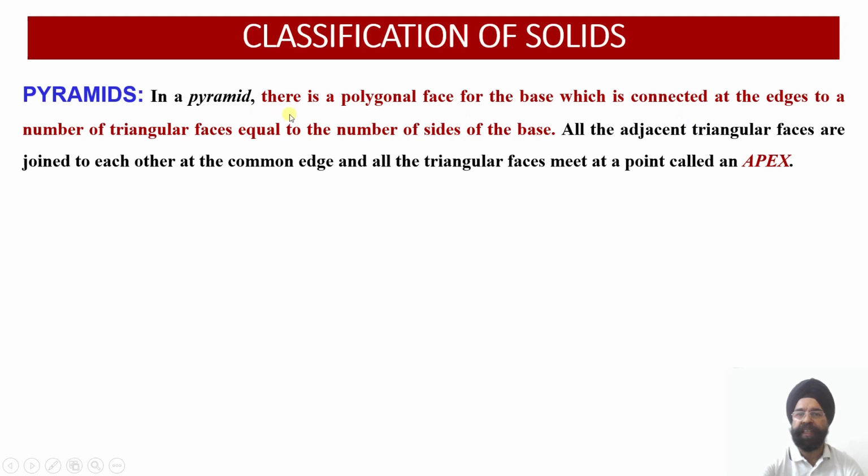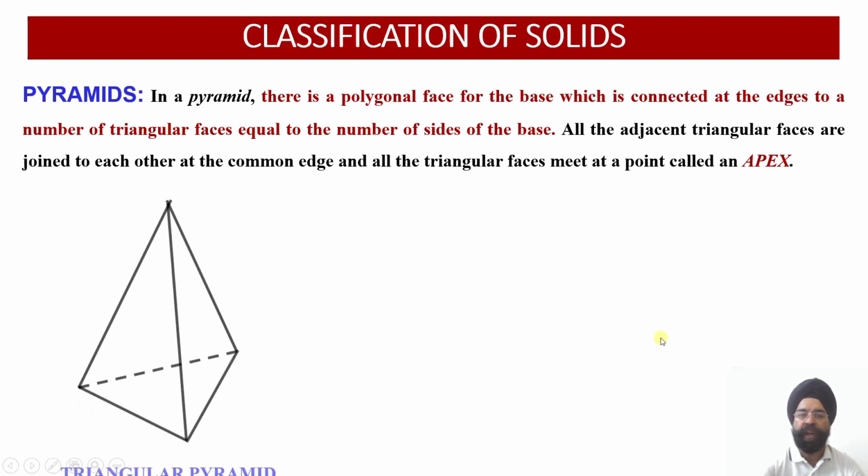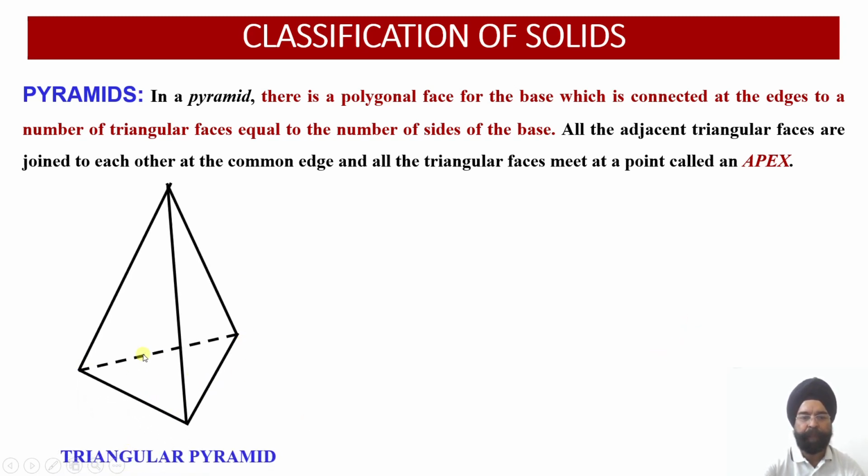A pyramid has a polygonal face as the base, which is connected at the edges to a number of triangular faces equal to the number of sides of the base. So there is a polygon face just like the prism. You can have a triangular pyramid.